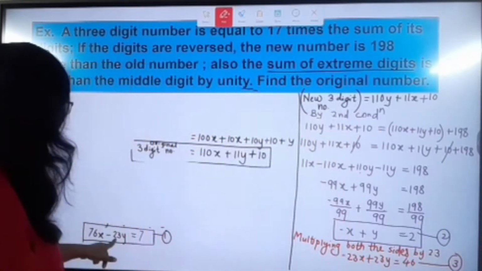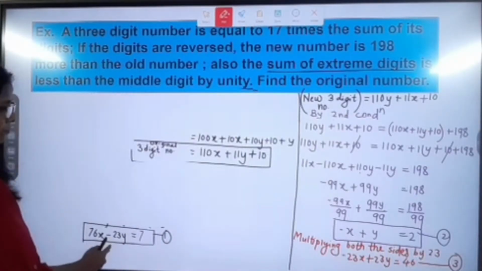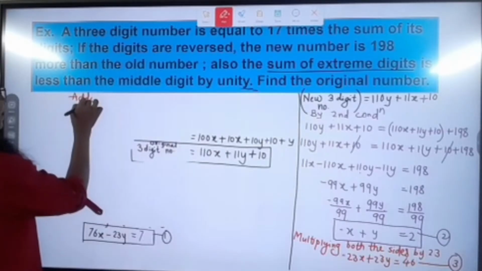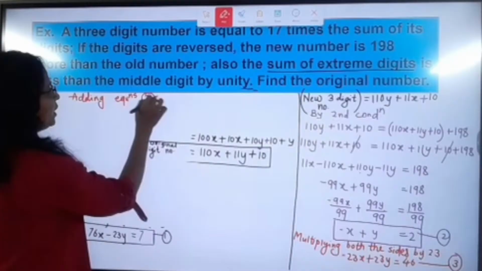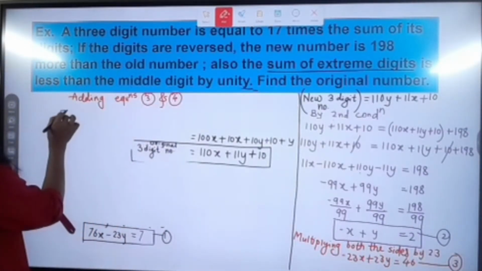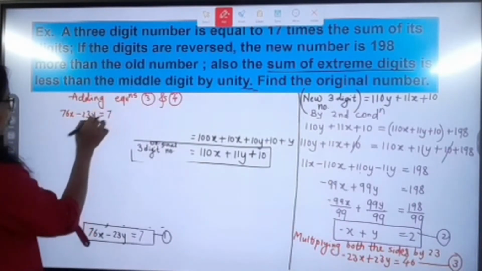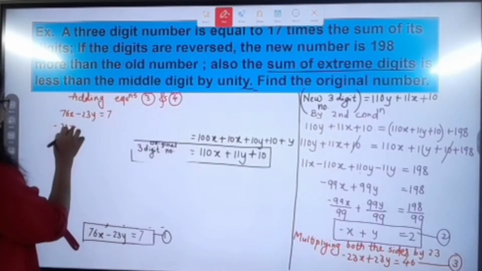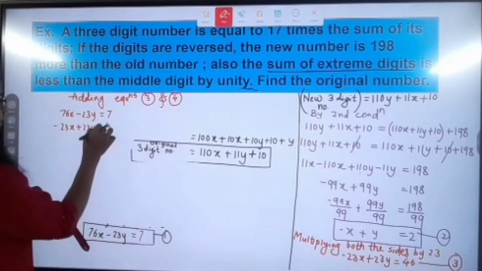Okay students, now equating 23y and 23y. So adding equations 3 and 1. Okay students, then we have 76x minus 23y is equal to 7, plus minus 23x plus 23y is equal to 46.